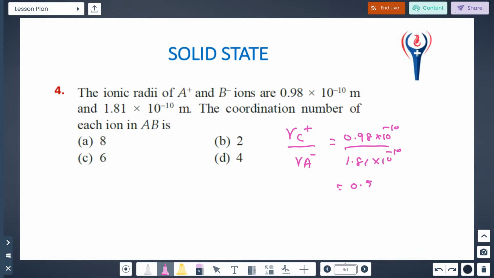So it is octahedral. So simply you can say the answer is C, the correct one. Understood? Right. We have the radius ratio value, and from the radius ratio value only we can predict. Understood? Right.